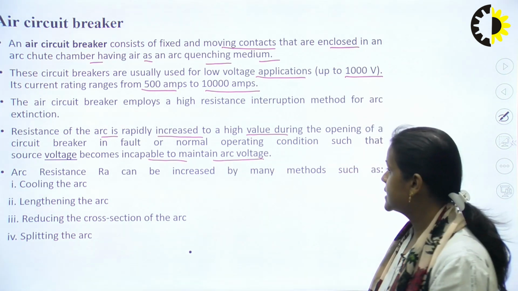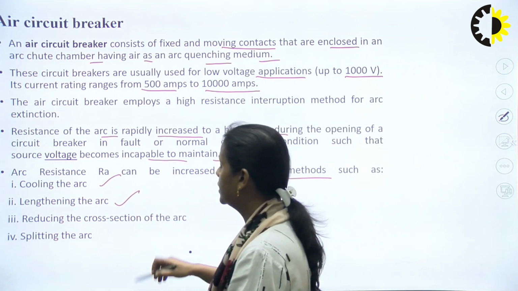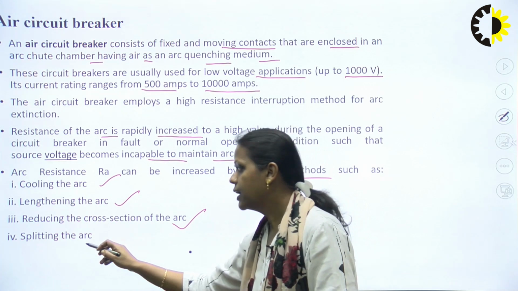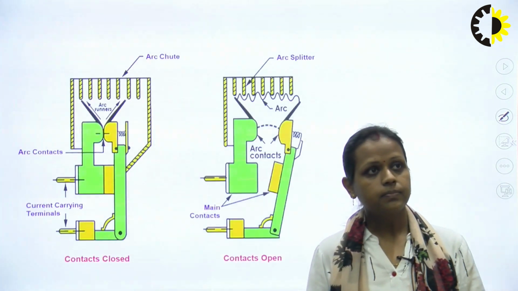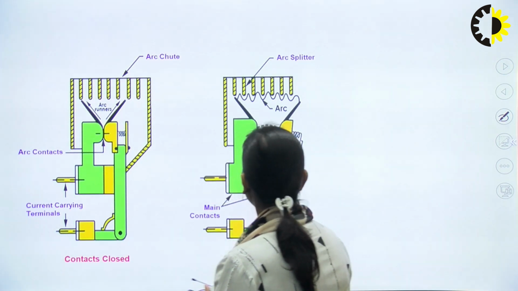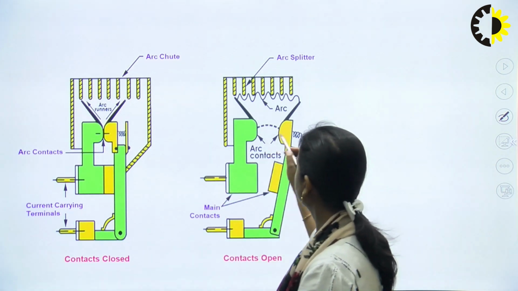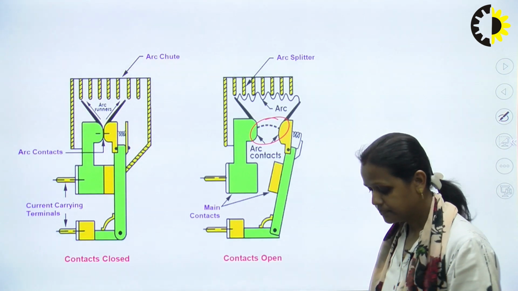Arc resistance can be increased by many methods such as cooling the arc, lengthening the arc, reducing the cross section of the arc and splitting the arc. Here we can see the contact is closed, and here you can see that the contact is open.